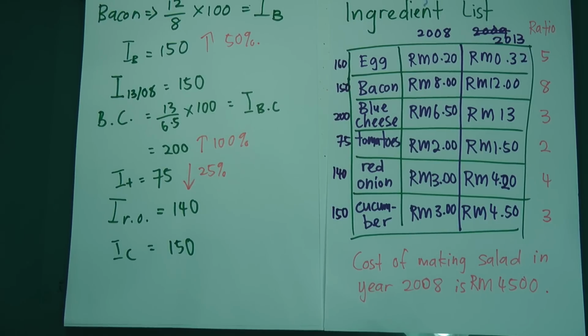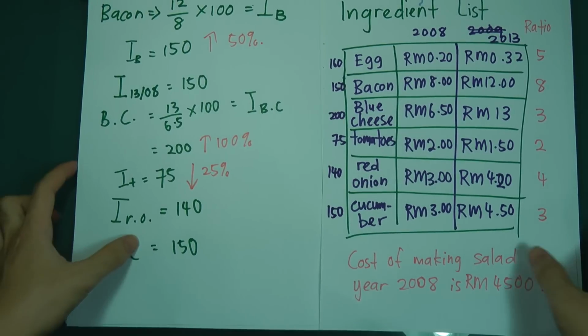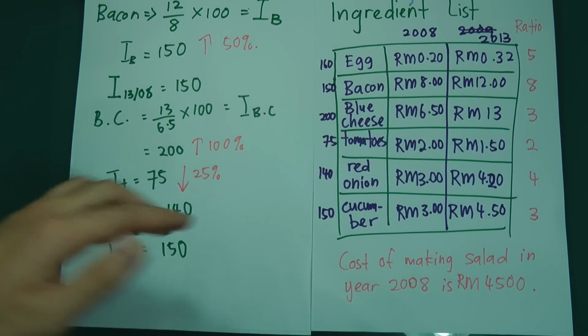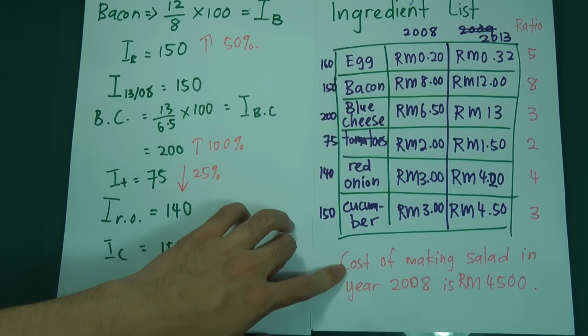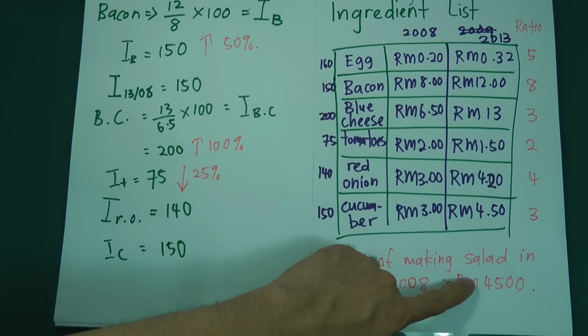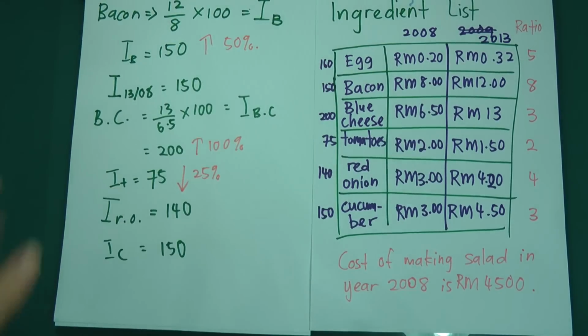Because now what we want to calculate is the composite index. You know the cost of making salad in year 2008 is 4,500. Let's say this is the cost you're going to spend every month to buy the stock.